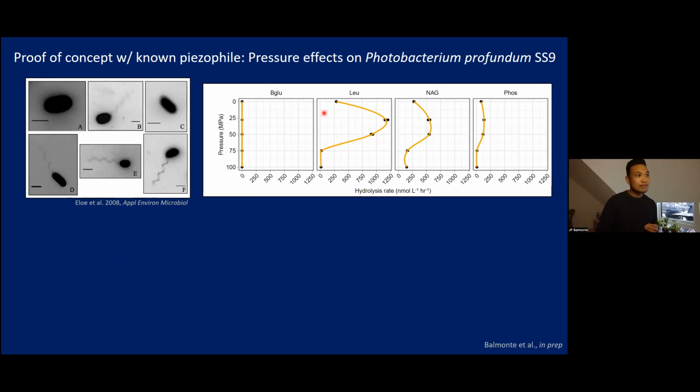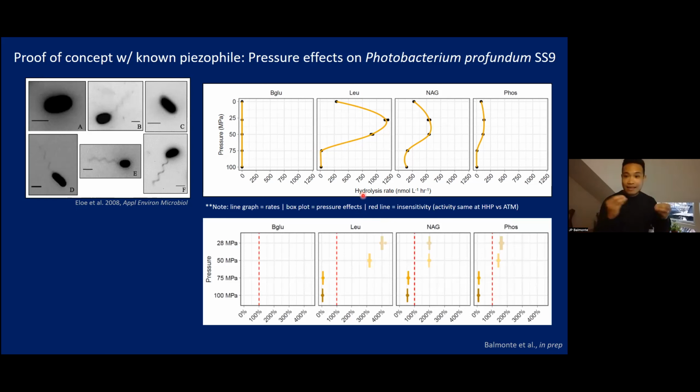You can see that leucine-aminopeptidase, chitinase, as well as phosphatase become fairly stimulated at its optimal growth pressure of 28 megapascals, so you get very high rates of activity. Eventually, the more you subject it to increasing pressure, the lower its activity becomes.